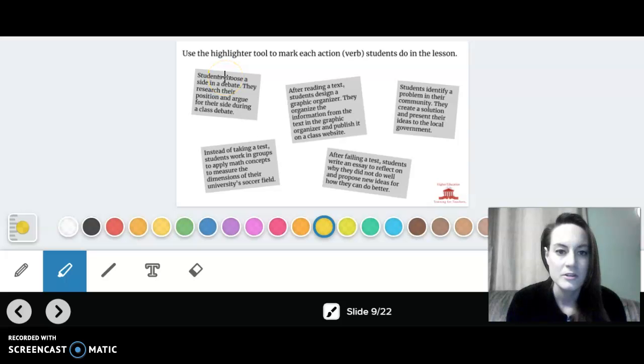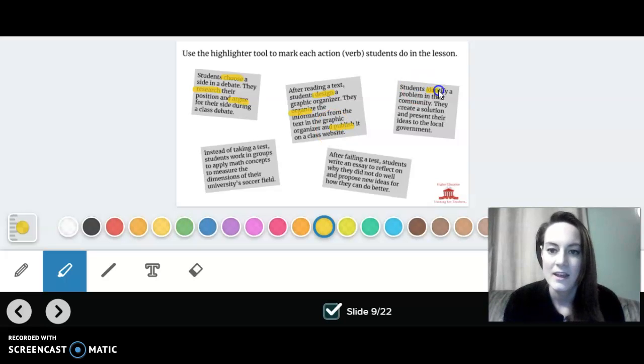So choose a side, research their position, argue for their side during a class debate. Design a graphic organizer, organize the information, publish it on a class website.